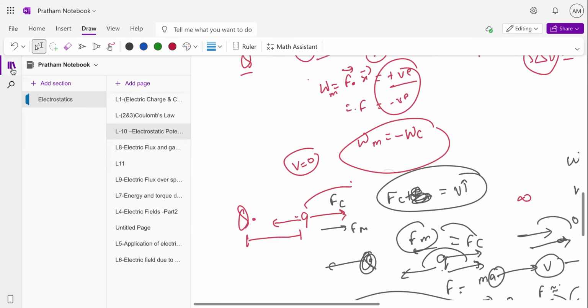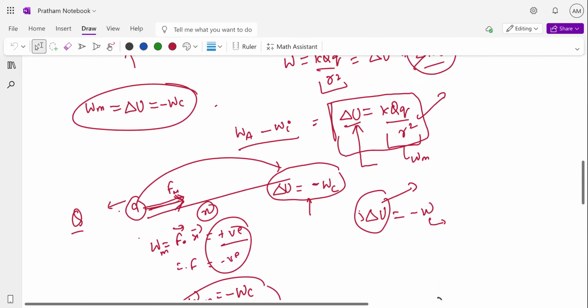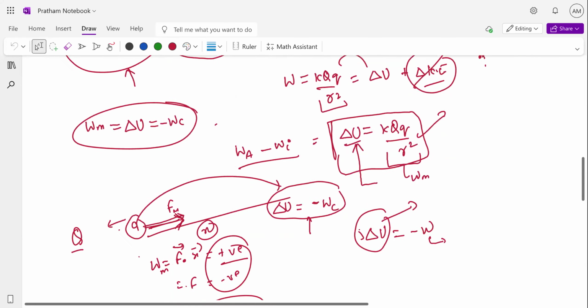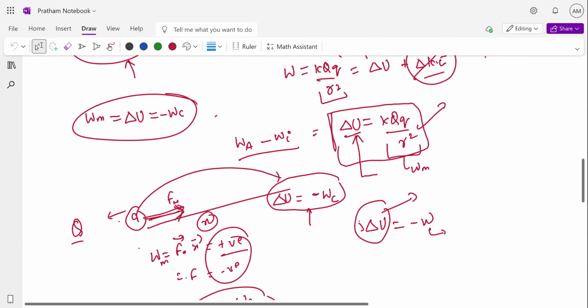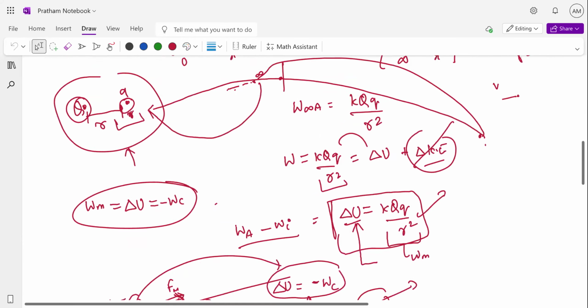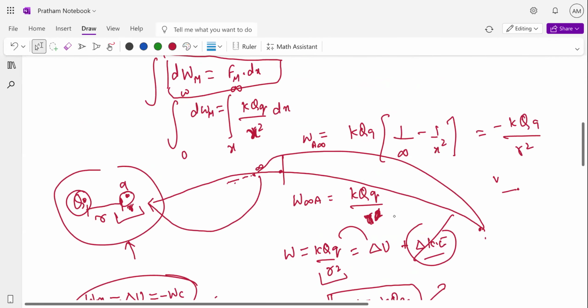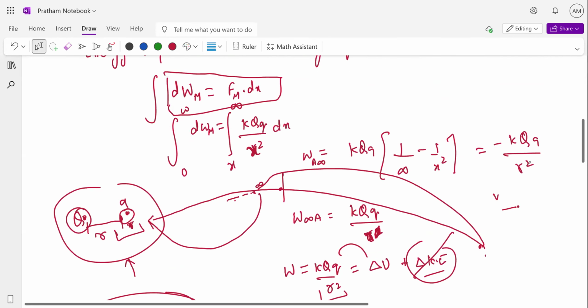In the last lecture, if you see carefully, I had calculated energy as KQq by R squared. Actually the square should not be there; I made a mistake.